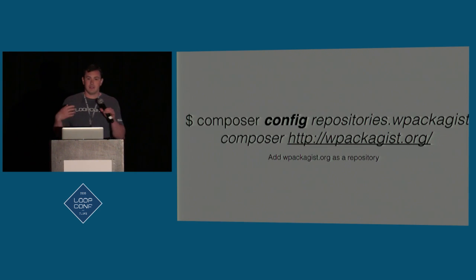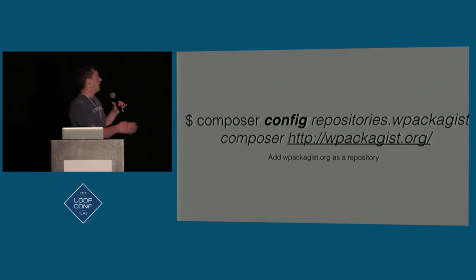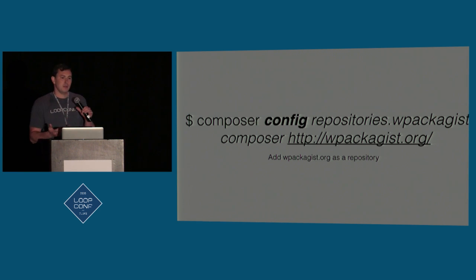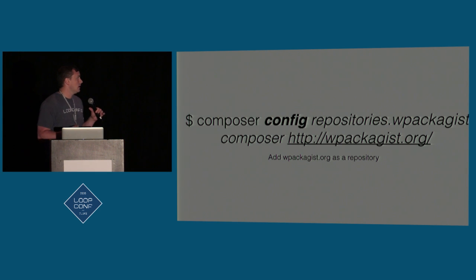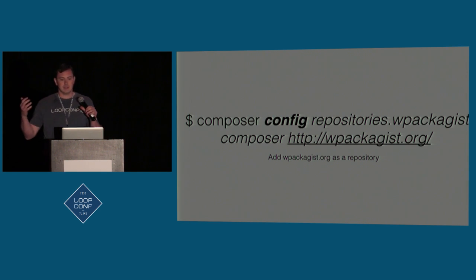So then we were talking about having custom repositories and being able to register those things. So the next thing that you want to do is make sure that for any publicly available theme or plugin that's in the WordPress.org repository, you can actually register this wpackagist.org repository into your configuration. And what that'll do is basically what this service has done.